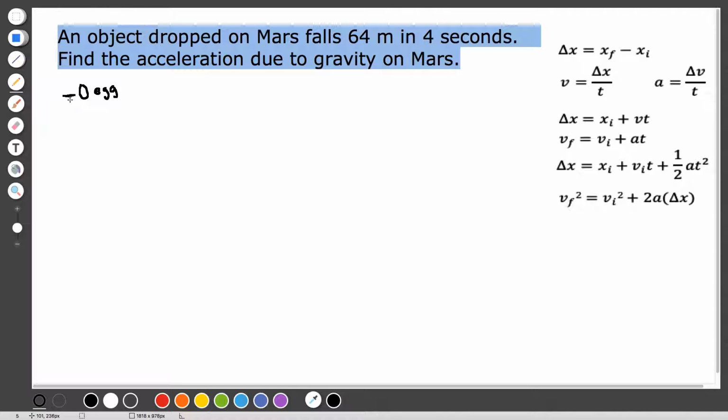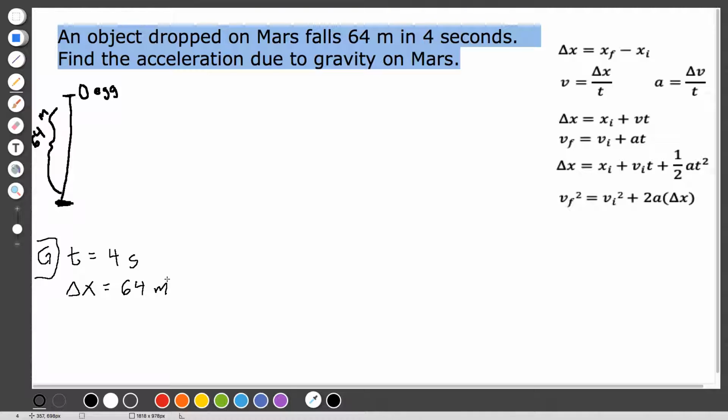And an egg is on Mars, and it gets dropped 64 meters. And the time that it takes to drop is 4 seconds. Delta x is 64 meters.